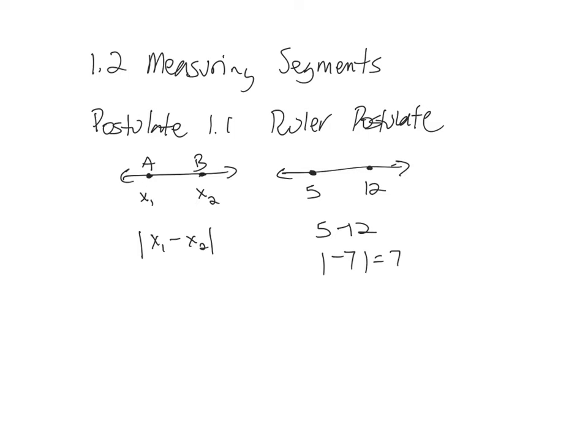It's the same thing up and down. If you had a line like that, this is some number x and some number x. Still just subtract them. Absolute value.